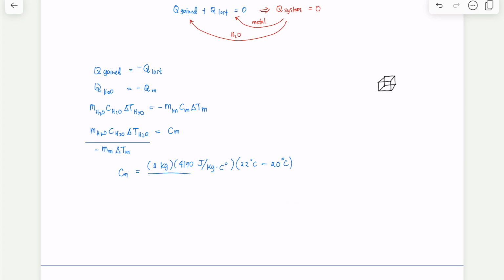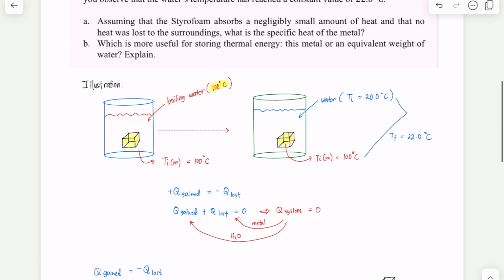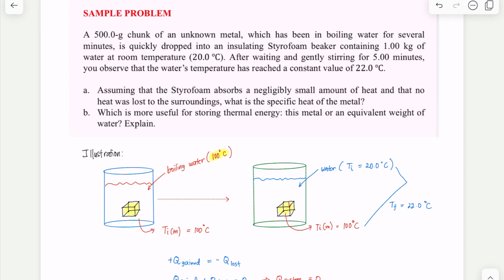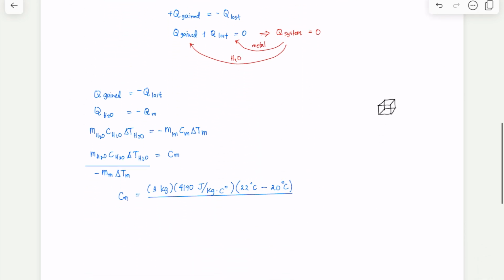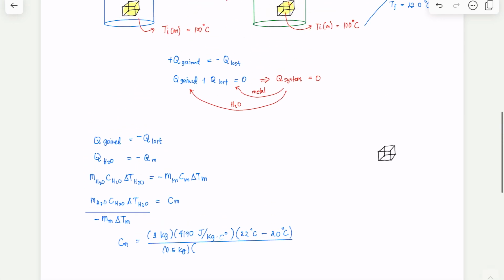And this will be divided by the mass of the unknown metal. In the problem, it's very clear that the mass is 500 grams. So we're going to convert that to kilograms. So that's simply 0.5 kilograms multiplied by the change in temperature.